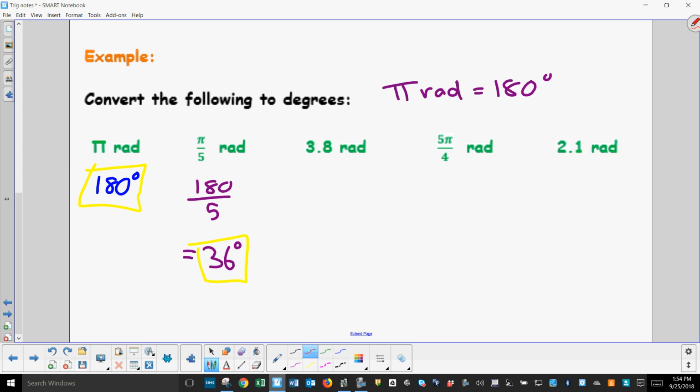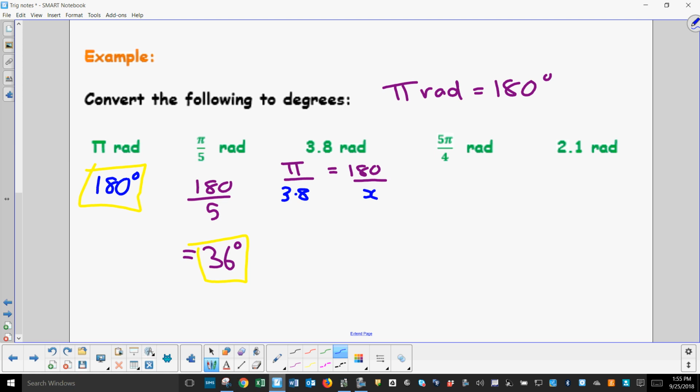3.8 radians might be a bit more awkward. You might want to set up this fraction and cross multiply if you've got an awkward one like this. So you could say, okay, pi radians equals 180 degrees over 3.8 radians. Radians over radians, degrees over degrees equals x degrees. So that's where this cross multiply business comes in. We've not got a nice one like these ones. We've got an awkward number like 3.8 radians.